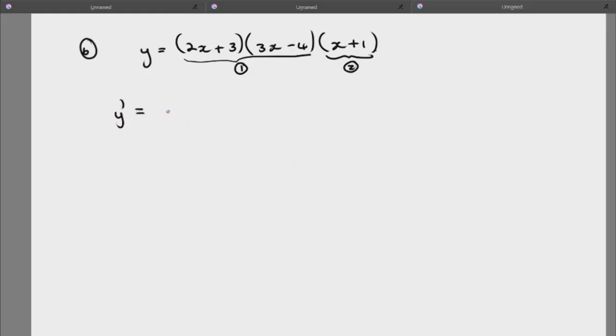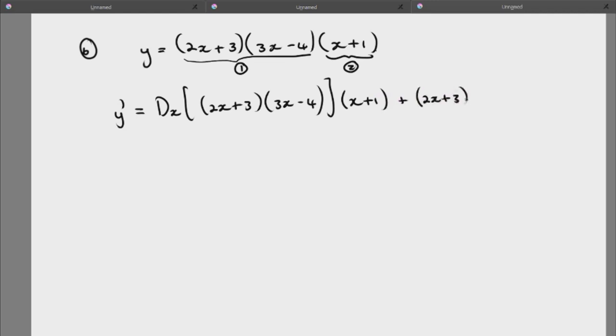Then the derivative is, by way of the product rule, the derivative of the first, whatever I chose to be the first. It doesn't have to be a single bracket or anything, just a first and a second, times the second, plus the first times the derivative of the second. That's still the product rule.